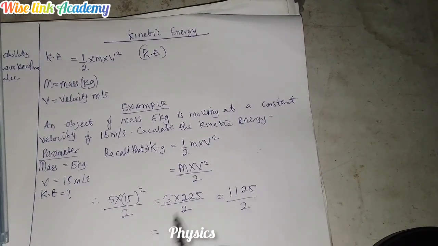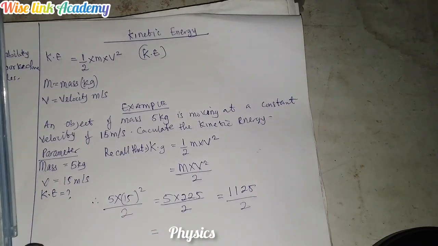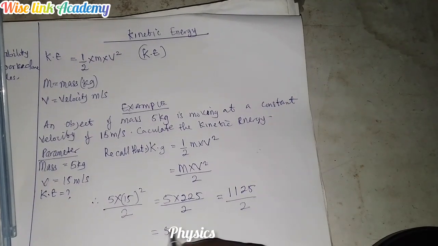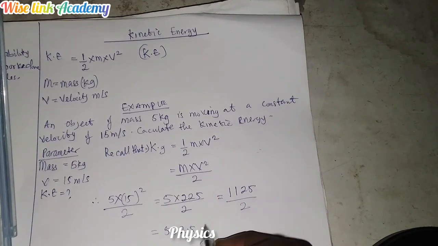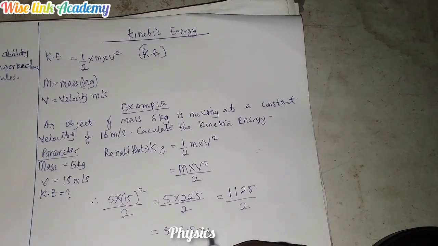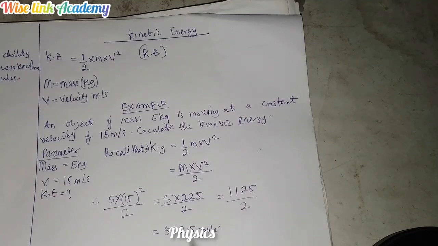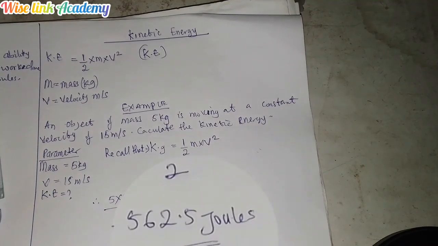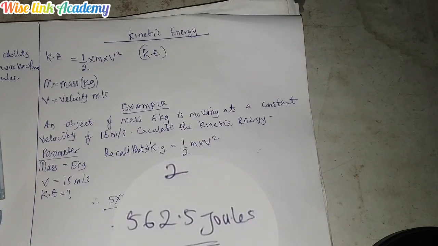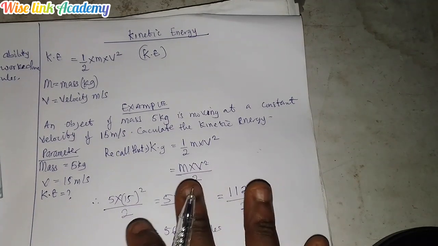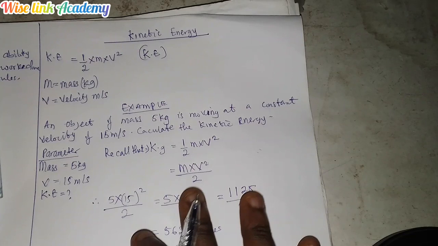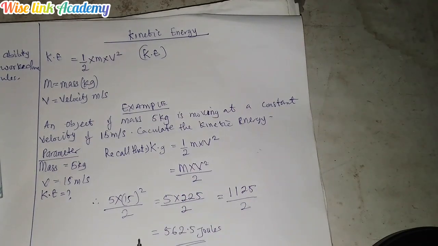When I divide it by 2, mathematically it gives me 562.5 joules. Don't forget the unit, joules. Do you get that now? So this is how questions on kinetic energy are solved.